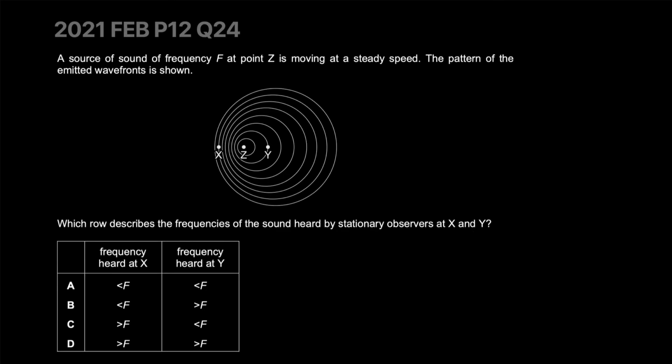X and Y. As these circles get larger at a uniform rate, X will experience a lot more because they're just closer together. Or in more technical terms, the wavelength is much smaller. So for X, the frequency should be greater than F. And for Y, the opposite, where it should be less than F.